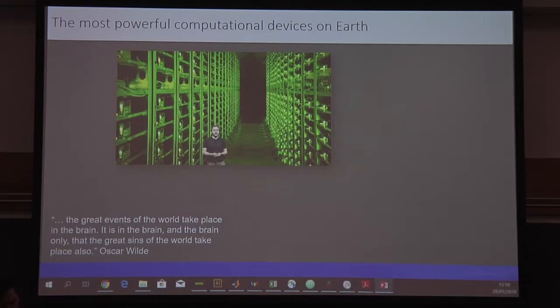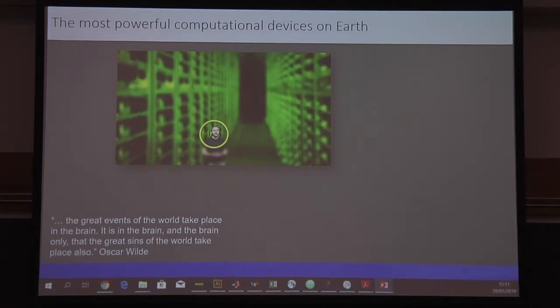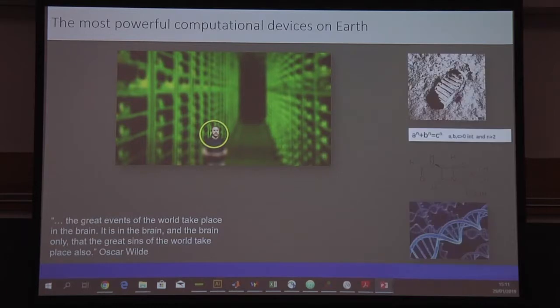Okay, so despite these tremendous advances in artificial intelligence, it's still the case that the most sophisticated computational device that we know of, the best type of intelligence that we know of on this planet, is inside here. It's actually the human brain. So we think it's fundamental for us to be able to understand the human brain.